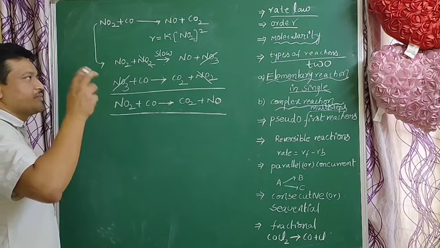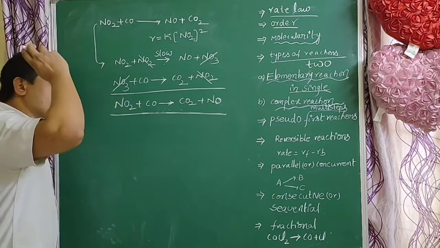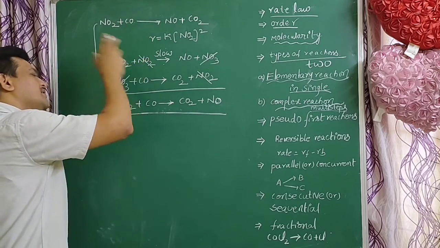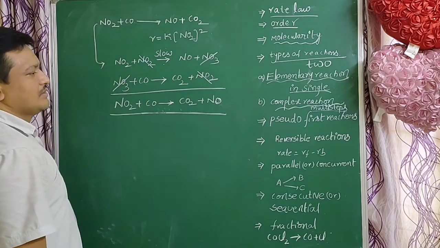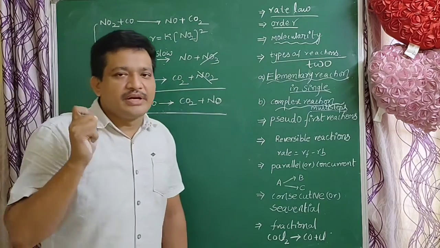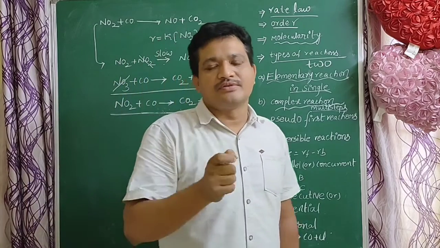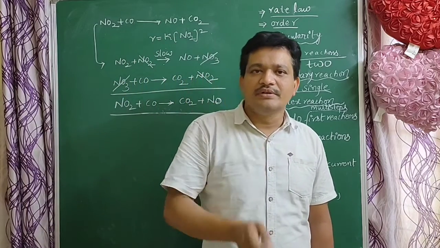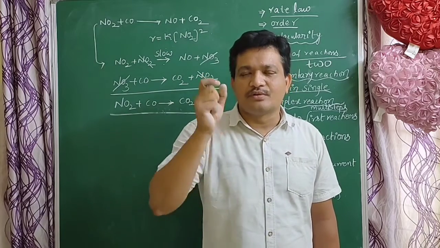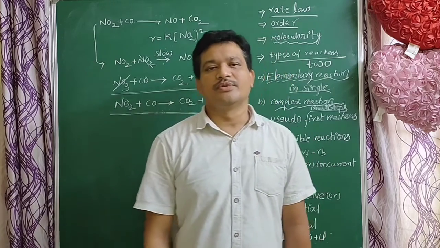What reactants are present in the rate equation? Only those reactants should be present in the rate equation. So products and intermediates should not be present in the rate equation, and should not be present in the slow step. That is very important.